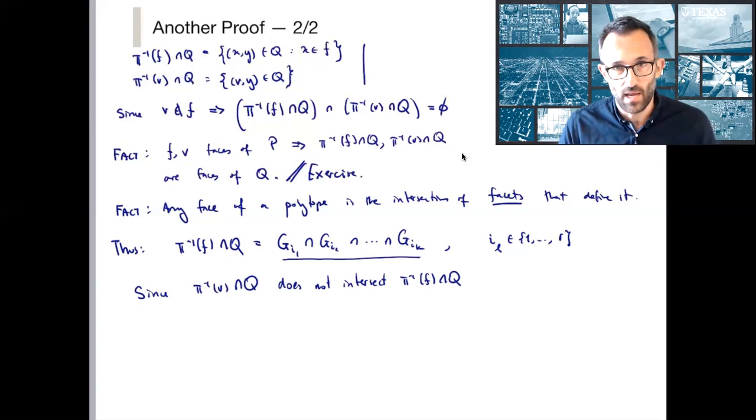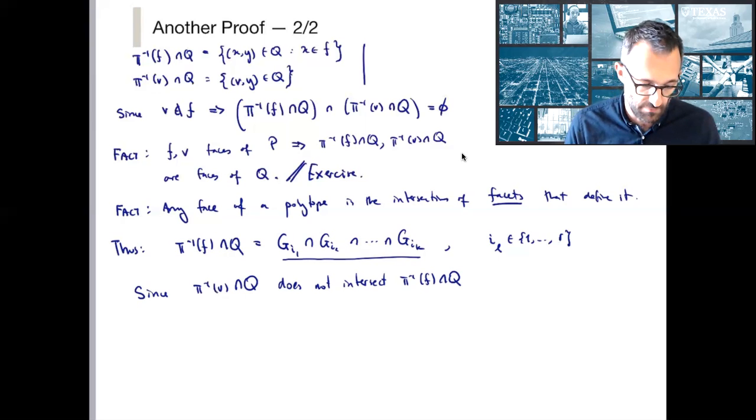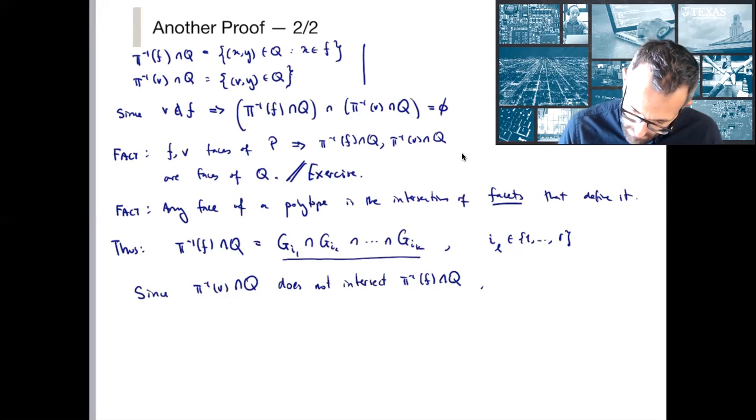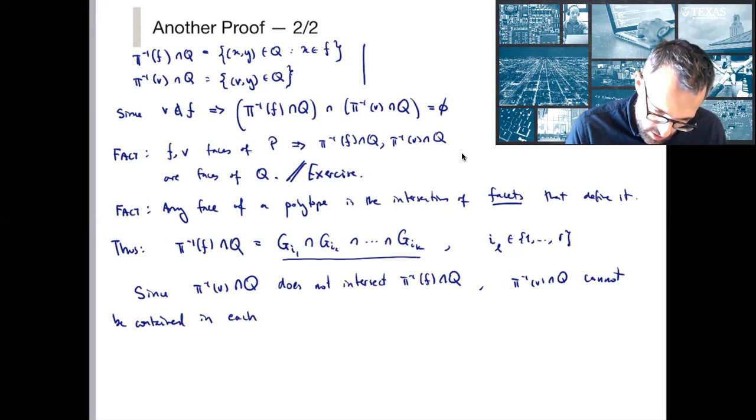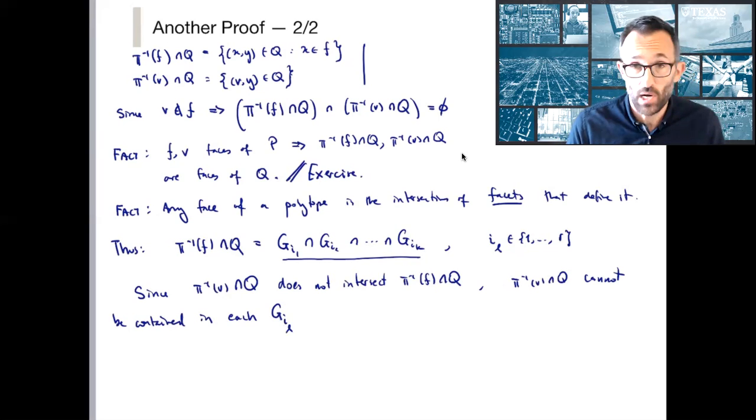Otherwise, since I have equality there, π inverse v in Q would intersect π inverse f in Q. So again, since we have no intersection, π inverse v in Q cannot be contained in each of these g_{i_l}. So there's one of them which doesn't contain it.